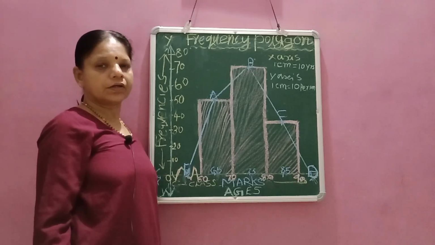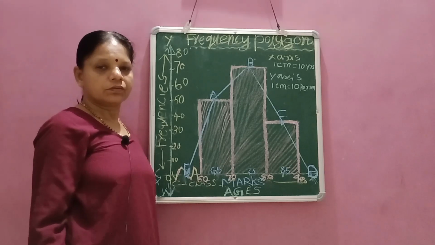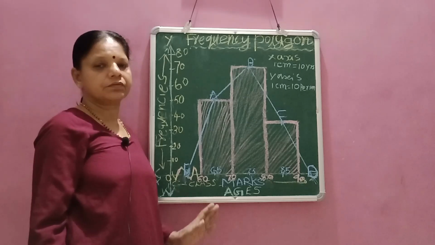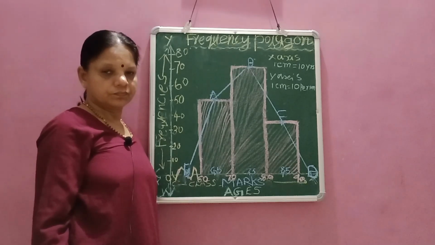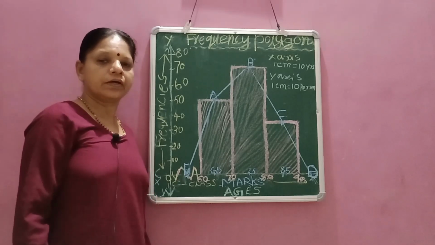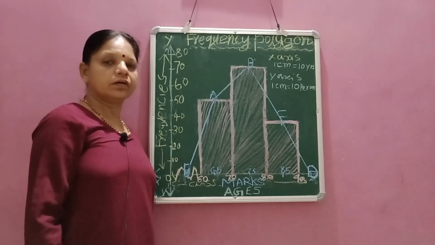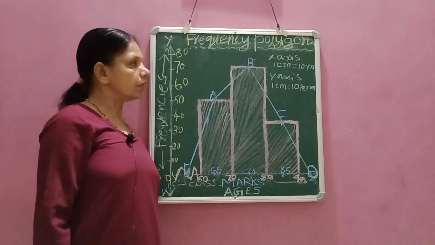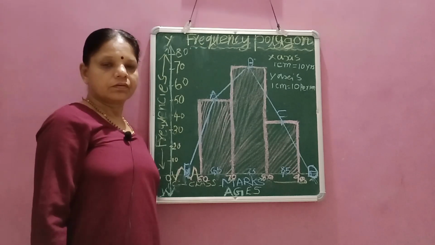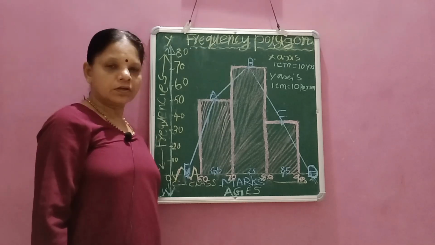When you have to mark a point, you need to know the corresponding x value and y value. That is nothing but a graph. About how to draw a graph, you can learn later. So that is the end of today's lesson about frequency polygon.